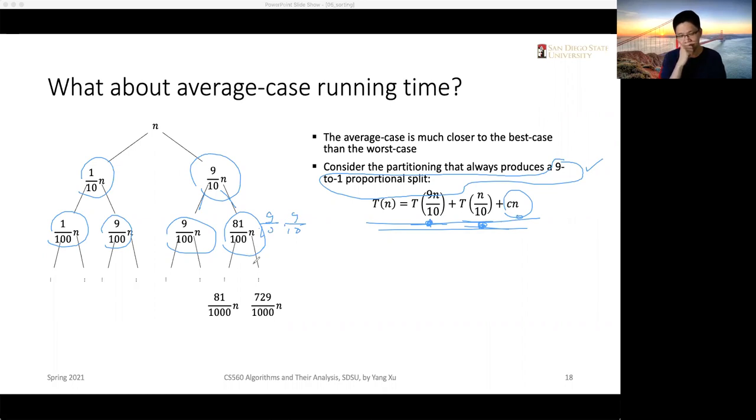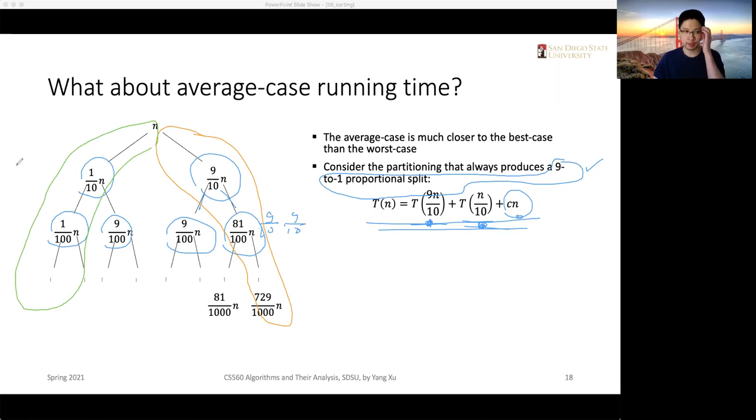But as we can see, this tree is not balanced. The rightmost branch decreases at a factor of 9/10, while the leftmost branch decreases with a much faster speed, at a factor of 1/10. So here it should be 1/1000.